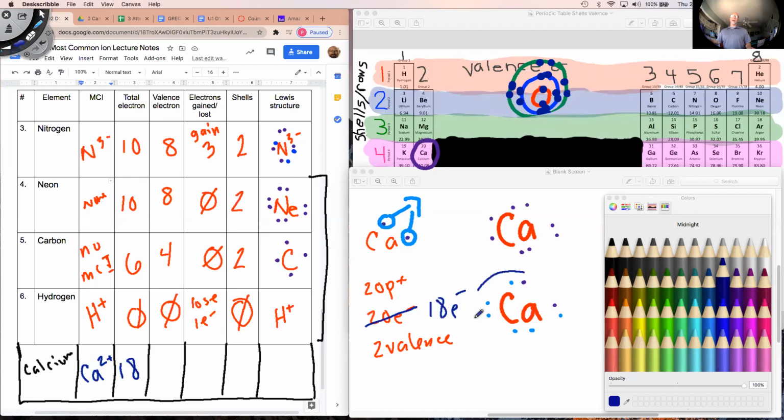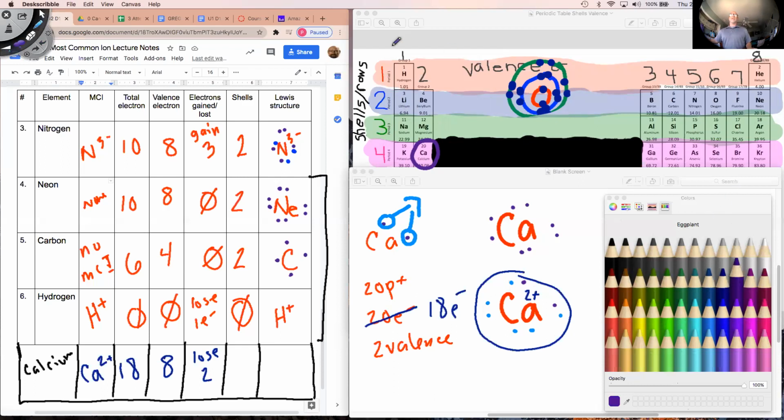Valence electrons, how many? You'd think 2, but no. We're going to redraw because we're talking about now calcium 2+. So how many valence electrons? 8 valence electrons. What did we do? We lose 2. How many shells? Well, now we're coming back and we're going to come down to 3 shells because remember, this has 18 electrons, right?